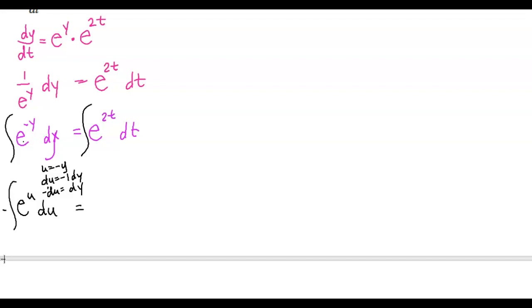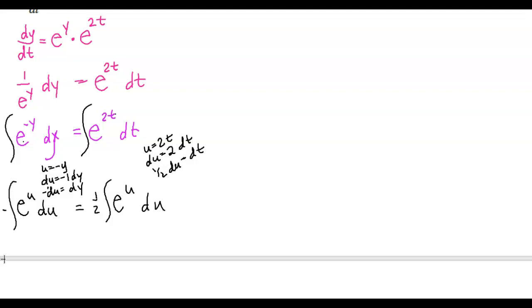All right. Now, on the right side, we have to do another u substitution. So u equals 2t, du equals 2 dt, so 1/2 du equals dt. So I get e to the u, and then dt is 1/2 du.